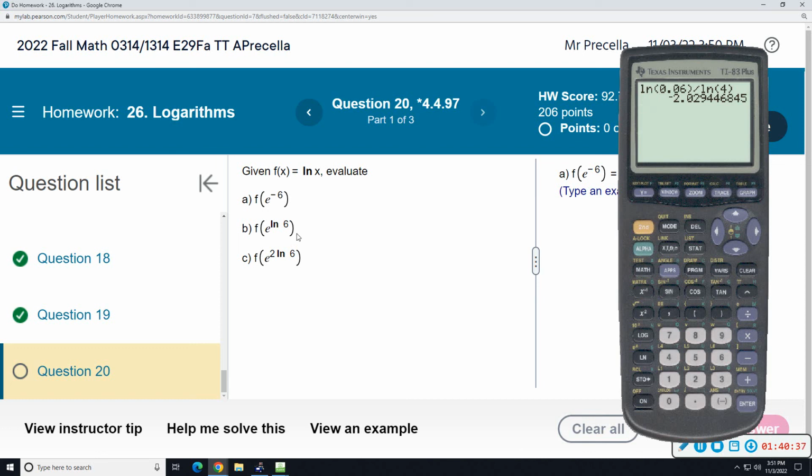Find f of e to the negative 6. And then part B. B says find f of e to the ln 6.